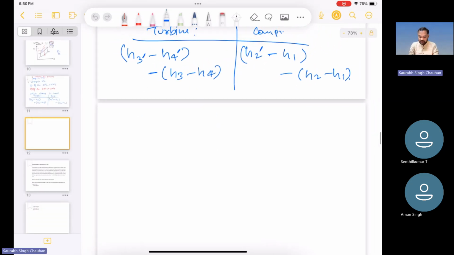So probably we should write the TdS relation. So what are the TdS relations?